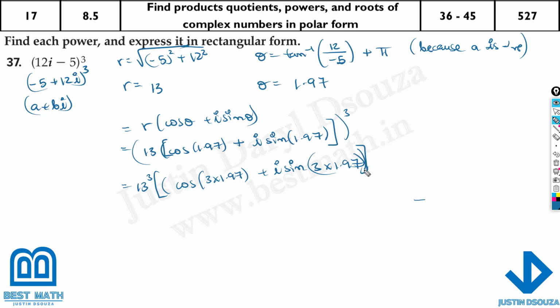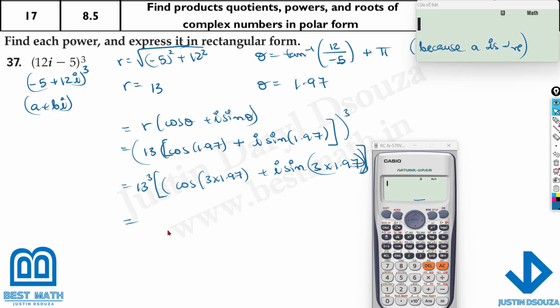And that is it. So we will use our calculators and solve what is 13 cubed, cosine 3 times 1.97 and sine 3 times 1.97. So here it's 13 cubed, that is 2197. So the first value is 2197. What about cosine and sine values? Cosine 3 times 1.97, close the bracket.